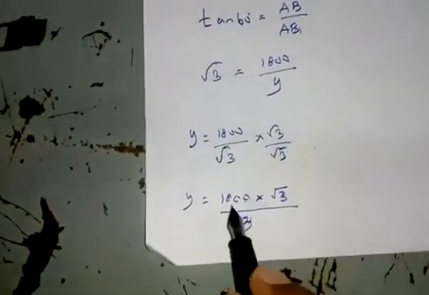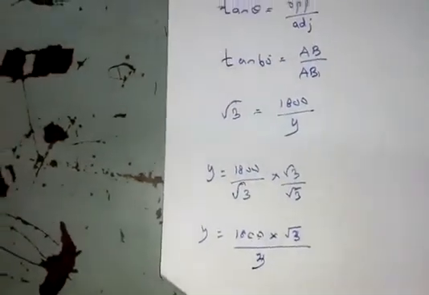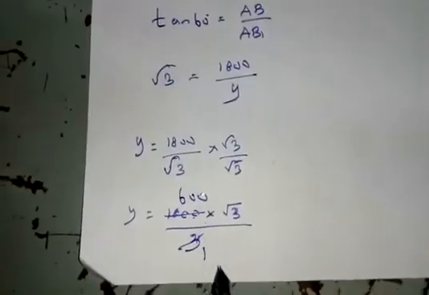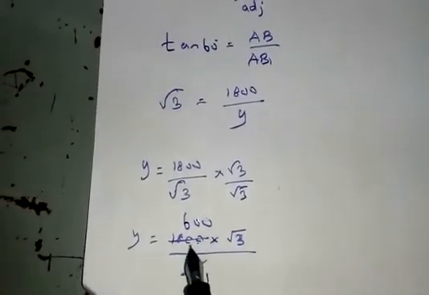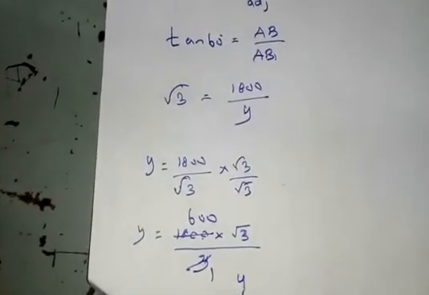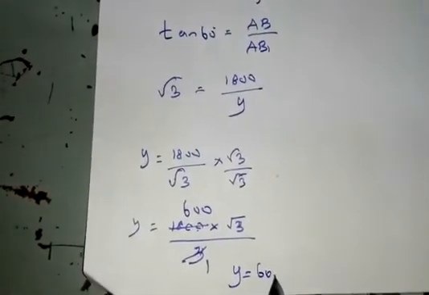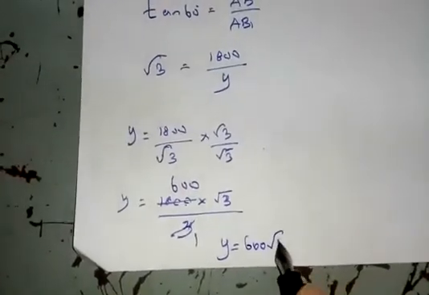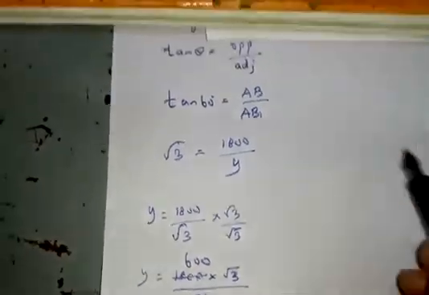Now we can do cancellation. In the third table, 1 3s are 3, 6 3s are 18. Remaining 2 0, so 600 root 3 meter. Therefore y is equal to 600 into root 3. This is equation 1.